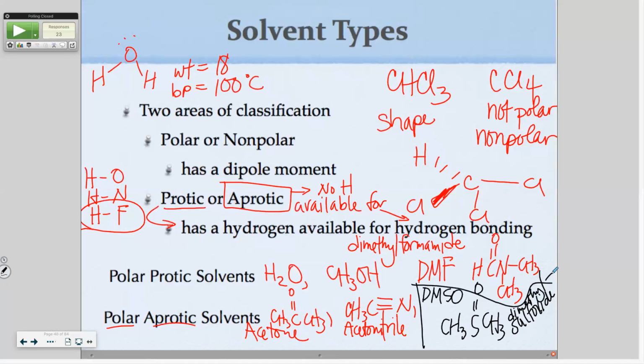Number 2. If you open a bottle of dimethyl sulfoxide, you have to be careful. It has a distinctive odor. It's not necessarily really bad, but you'll taste it in your mouth. It's the weirdest thing. Every time I open a bottle of it, I taste it, even though I wear gloves and the whole shebang.